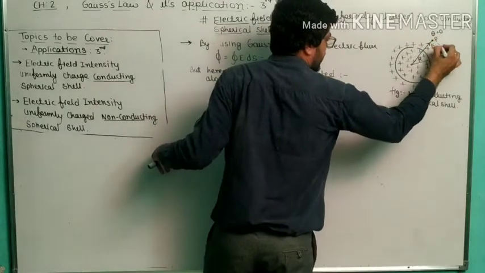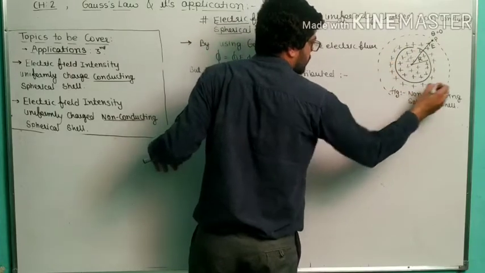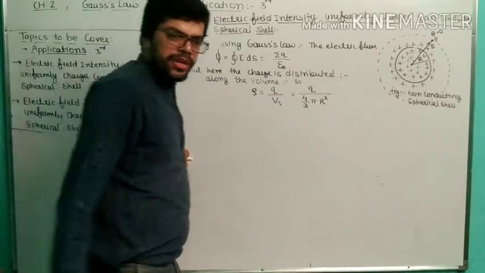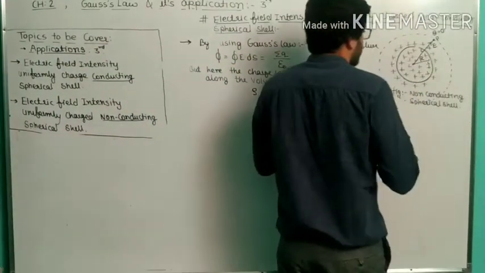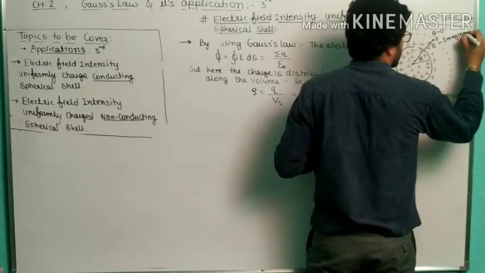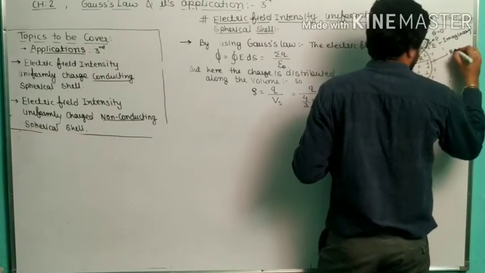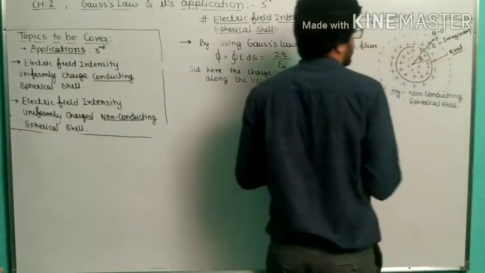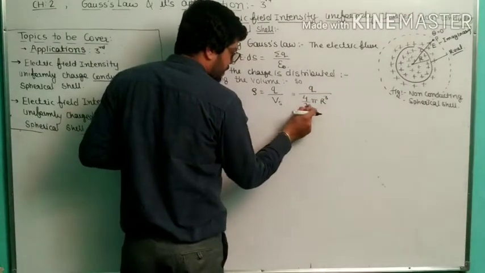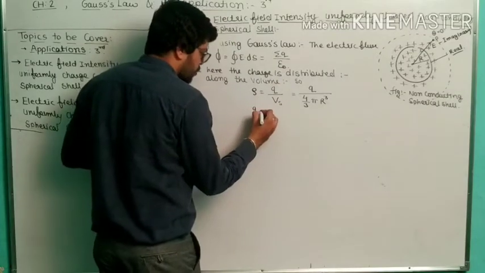See, this is the outside. It is called imaginary sphere, and this is real. Now we got Q divided by 4 by 3 pi R cube, because it is the volume of sphere. Now what is Q?